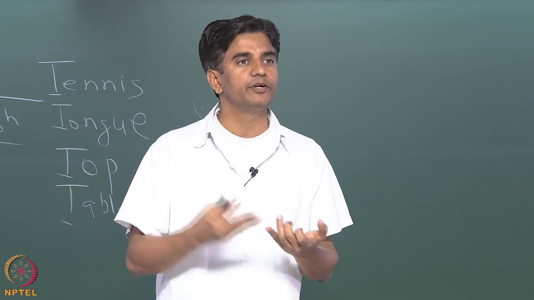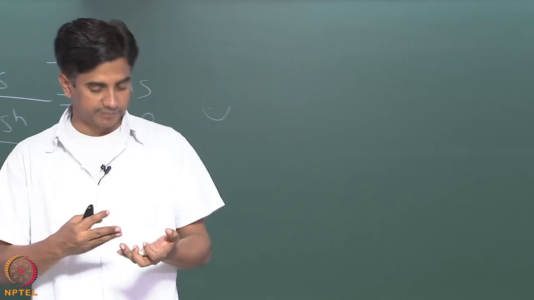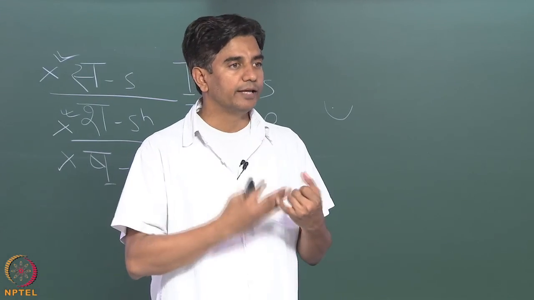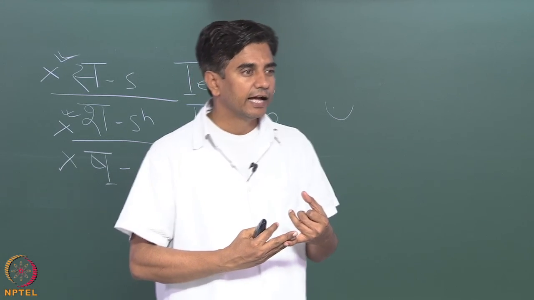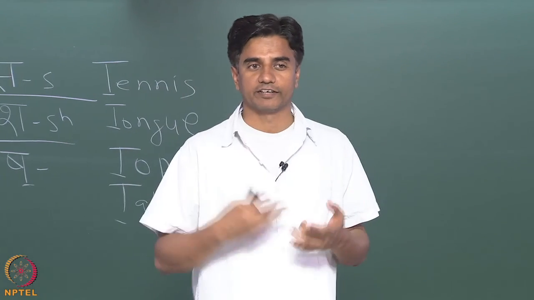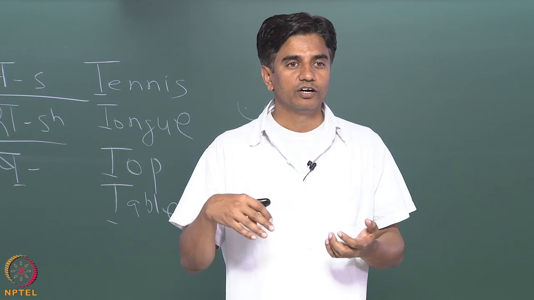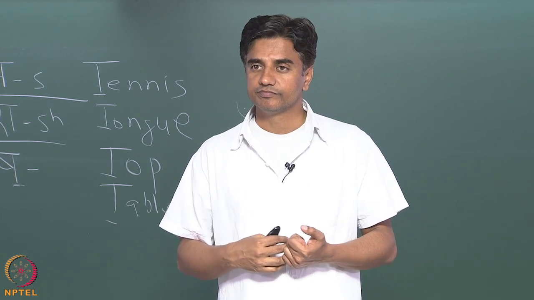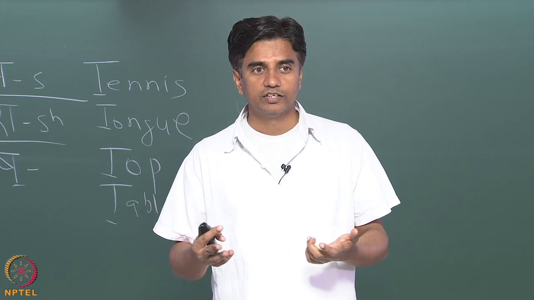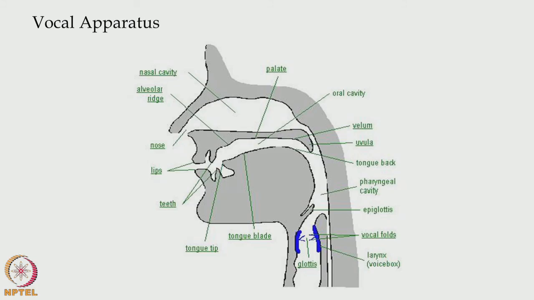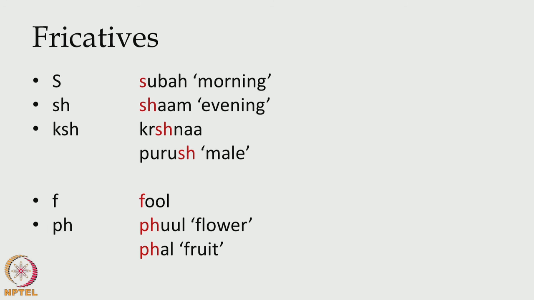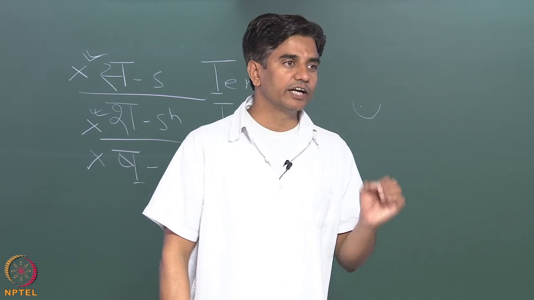That's called labiodental. I am sorry, I shouldn't have expected that term from you. Labiodental, right? And again, what about the flow of air? Is it too much, like ka? Too much? Therefore, it is classified as fricative. Fa is labiodental fricative.